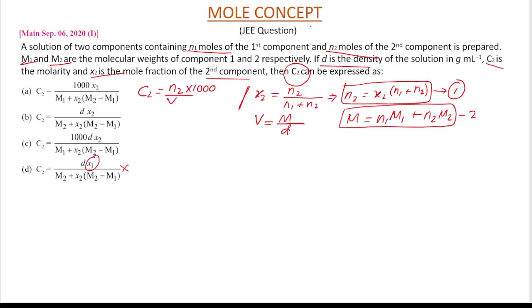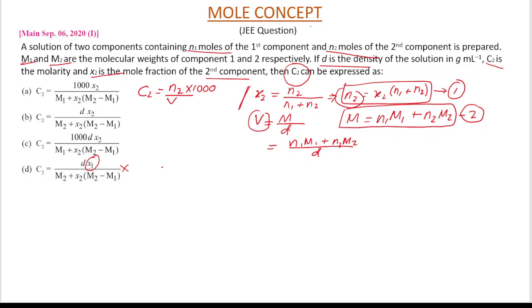So this is formula number 2. So then volume is given as (n1 m1 plus n2 m2) divided by d.